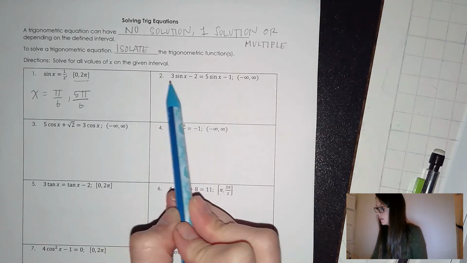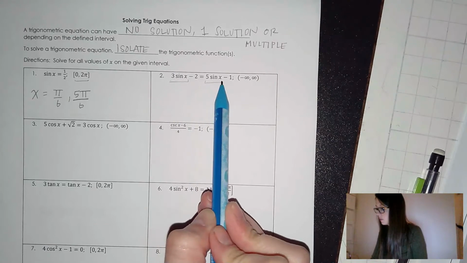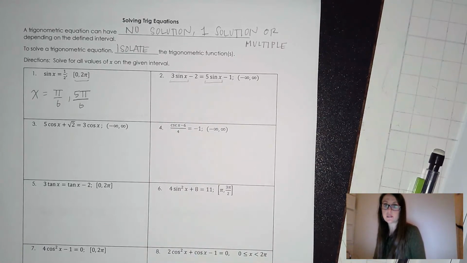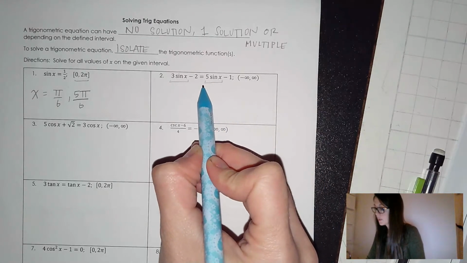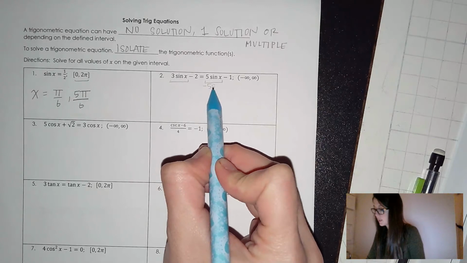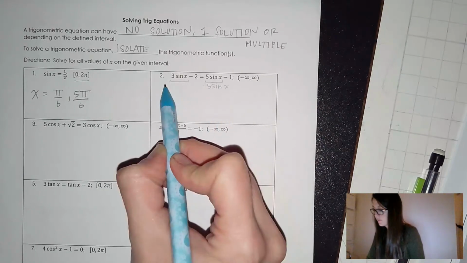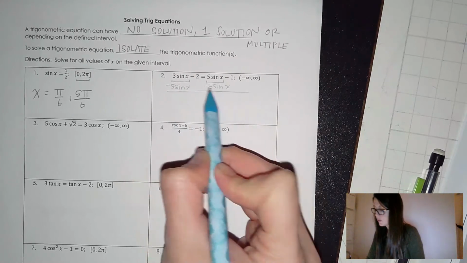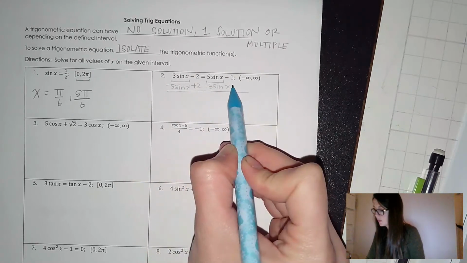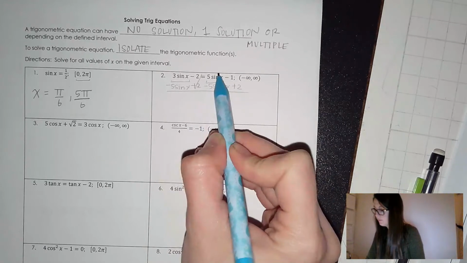For number 2 here, I want to isolate, so I want to get my two sines together on opposite sides, very similar to how you would in an algebra problem. You are just going to subtract that whole thing over, and then you could go ahead and add 2 over here.